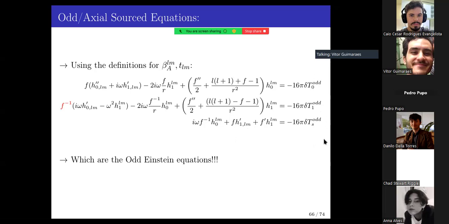Yes, this will impose a constraint on the relation of these three energy momentum components, right? But my guess, I'm not quite sure, is that this will work as an extra equation that you can use to determine the sources, the differential equations of the Einstein equations for the sources.